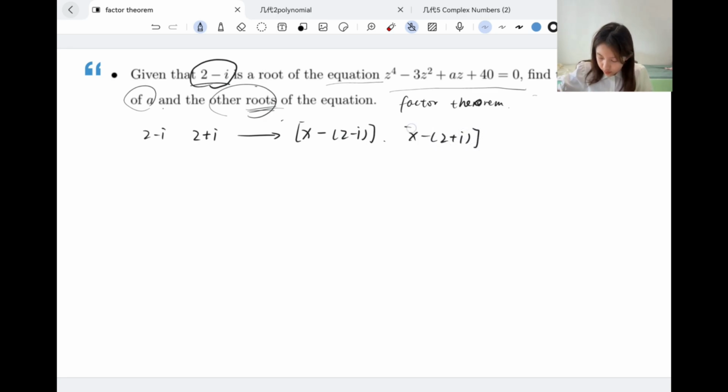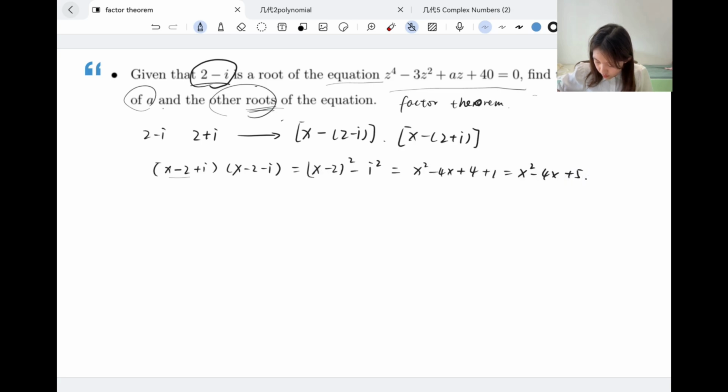Then using the factor theorem, we learn that x minus (2 minus i) and x minus (2 plus i) are factors of this equation. Together, we can write it in an easy way: x squared minus 4x plus 5 is a factor of this equation.